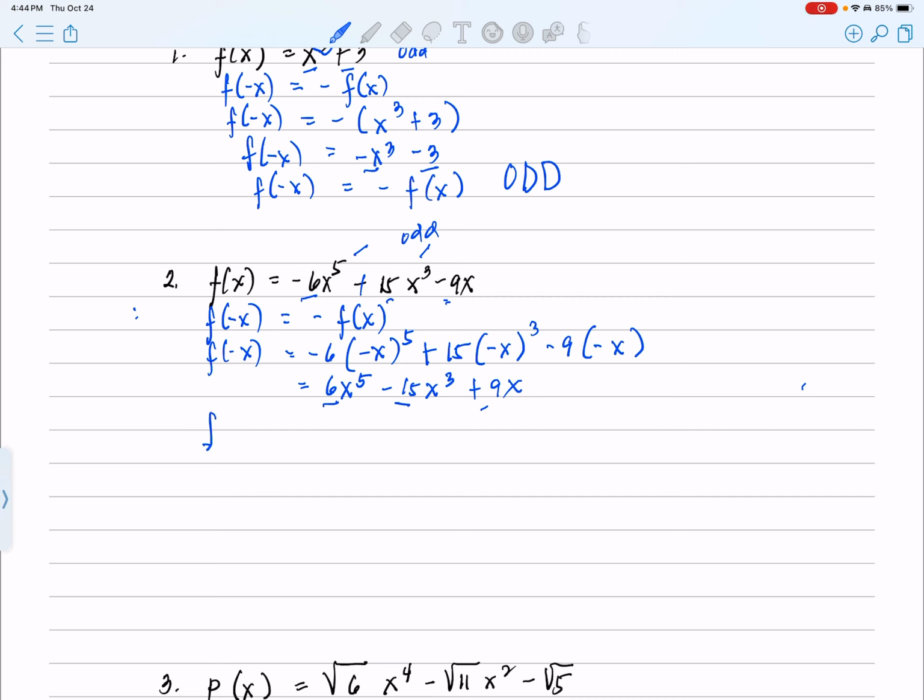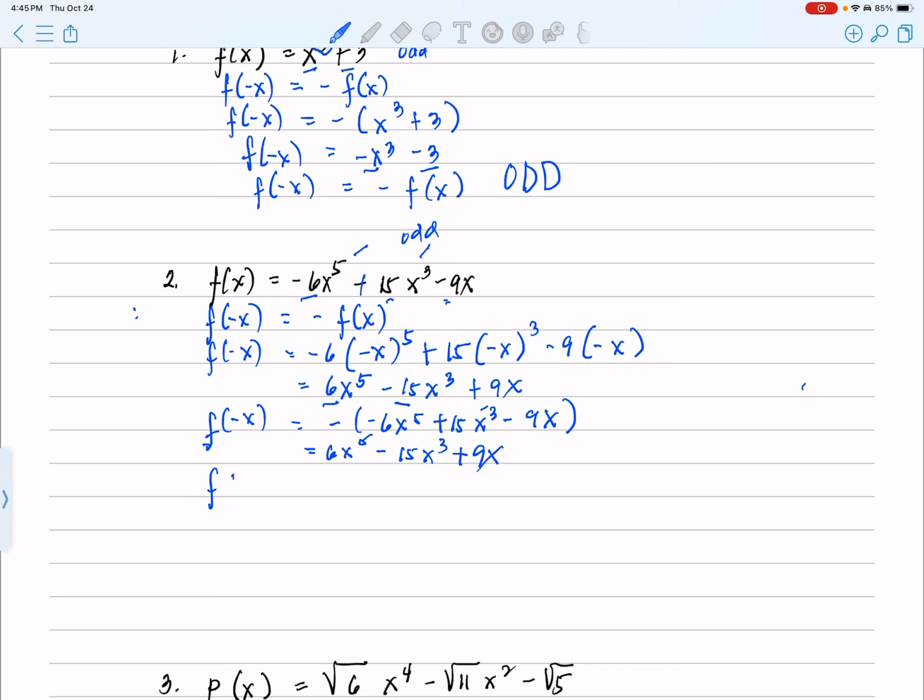Therefore, it is the negative of the function. So I would say that I will put a negative in front of the function, negative 6x to the fifth plus 15x cubed minus 9x. So both negative and negative, you will have positive 6x to the fifth power minus 15x to the third plus 9x.